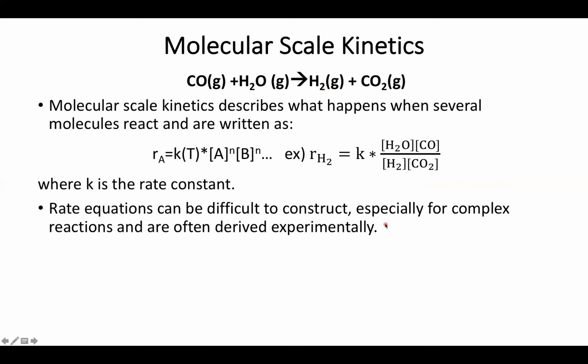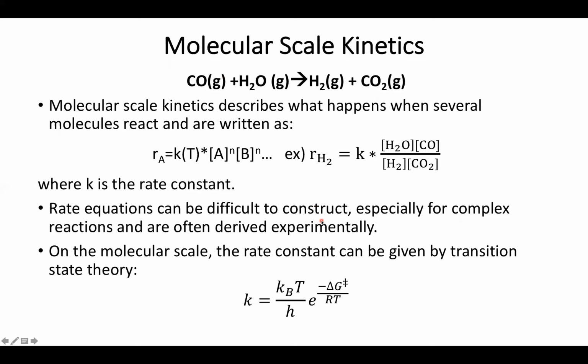And oftentimes, rate equations are derived experimentally instead of from first principles based on what we'd expect based on elementary reactions. However, if we're still working at the small molecular scale of elementary reactions, it is often possible to determine our rate constant, which is a major controlling feature, based on transition state theory.